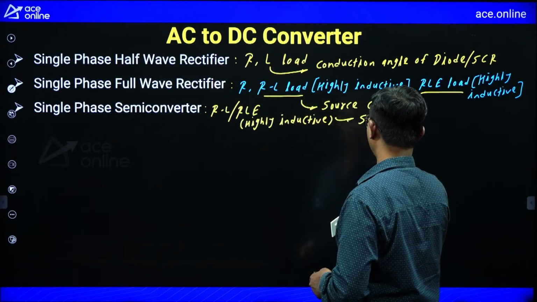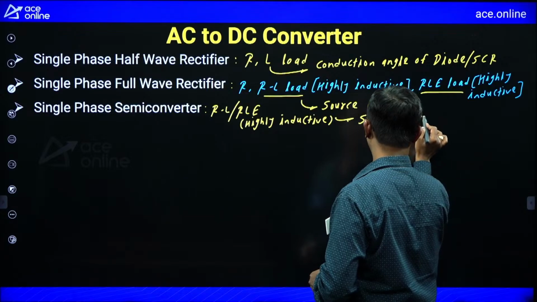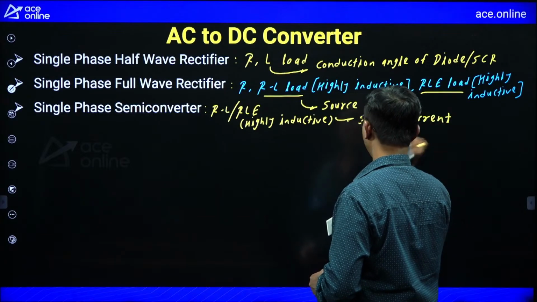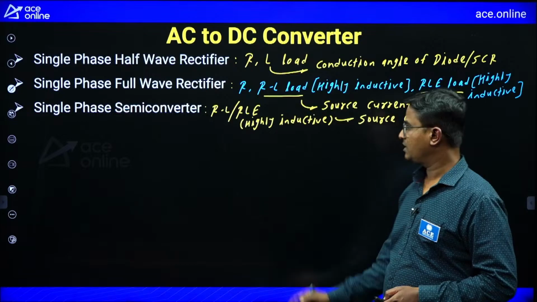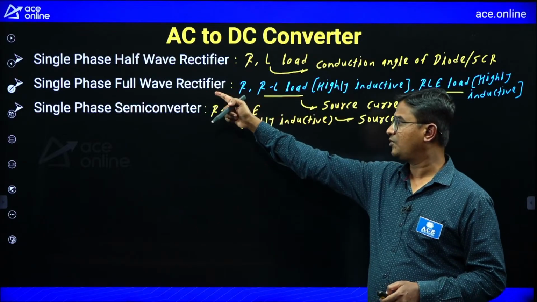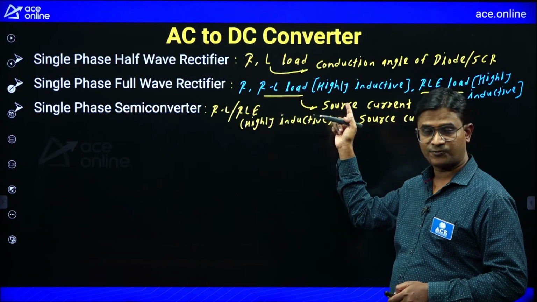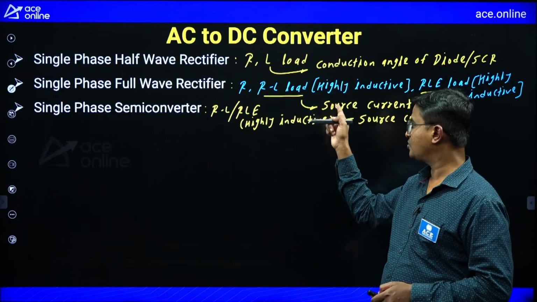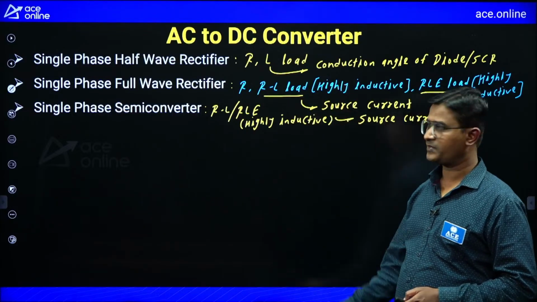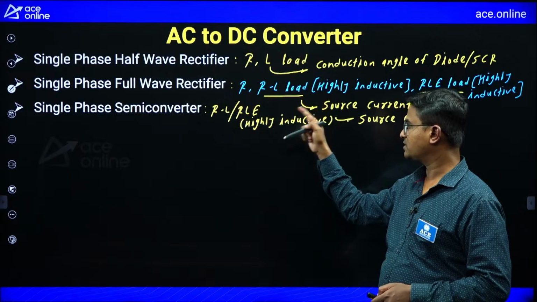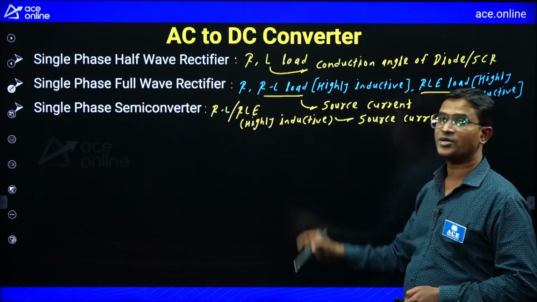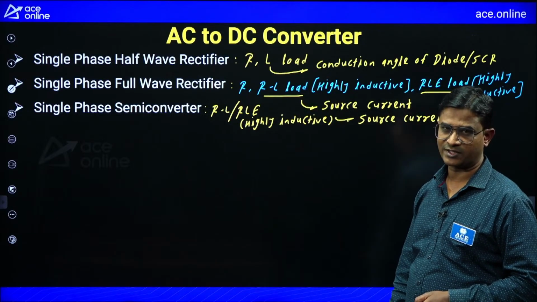In semi converters, my source current waveform is a quasi square function. In full converters, that is the bridge rectifier, my source current is a square function, while here it is a quasi square function.